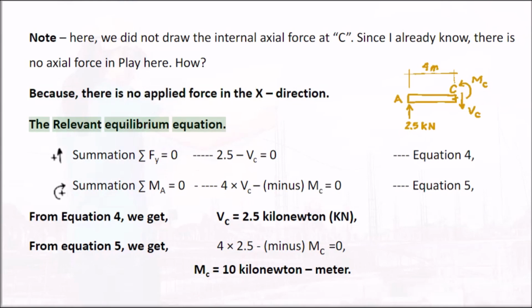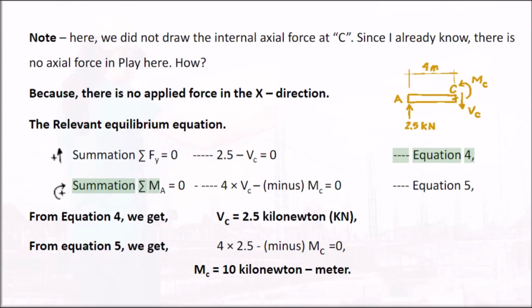The relevant equilibrium equations. Summation Fy equals 2.5 minus Vc equals 0. Equation 4.